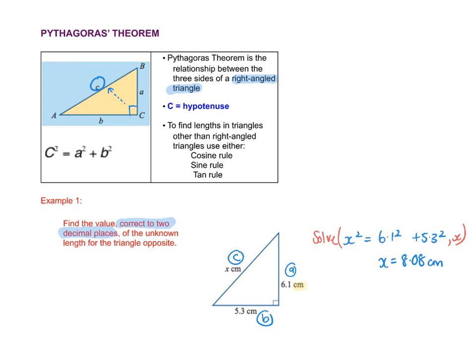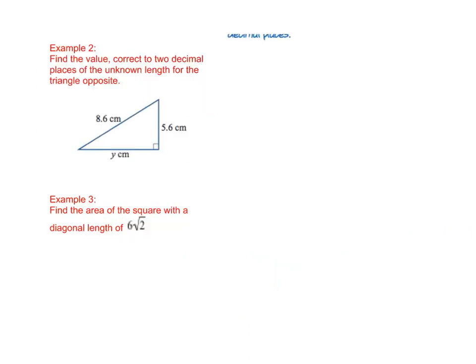Just be careful too. You need to make sure all the units are the same before you use a formula. They were in this case, and make sure that you state your units in your answer. Okay, so we're going to do a couple more examples. Here again, if you were labeling up this triangle, this is your C and A and B. If you write out the formula, it would be 8.6 squared equals 5.6 squared plus y squared.